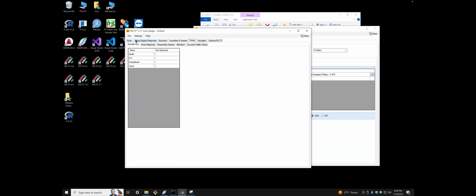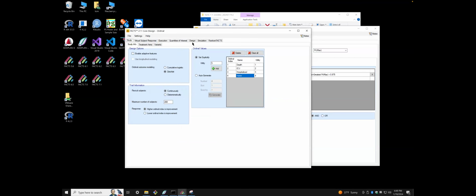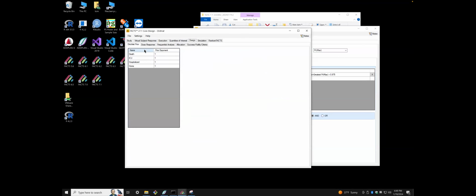So I've specified the Dirichlet. This hasn't been implemented yet, but this would give me just Dirichlet priors and no ability to do a dose response model.